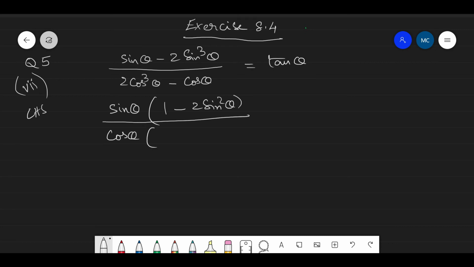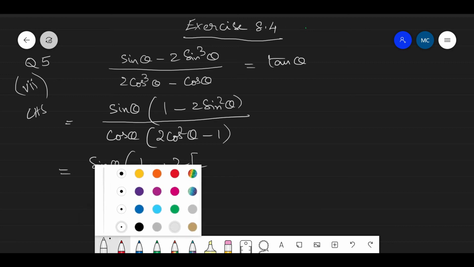So you are left with 2 cos square theta minus 1. Now what we can do in this, let it be sin theta only, and here 1 minus 2 into, we know that sin square theta is equal to 1 minus cos square theta.